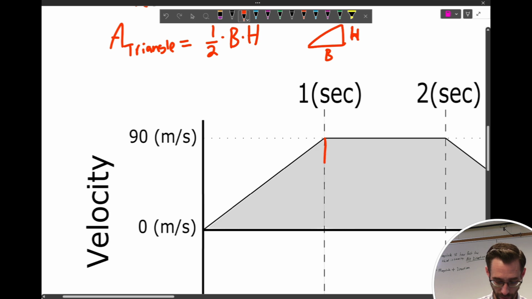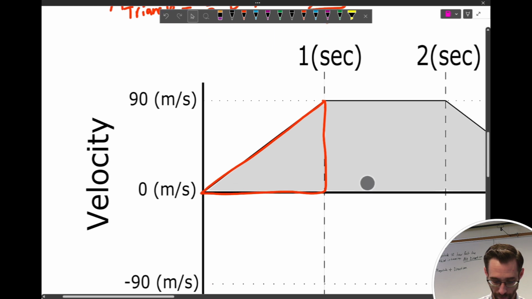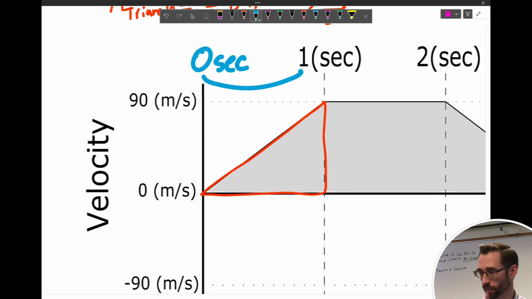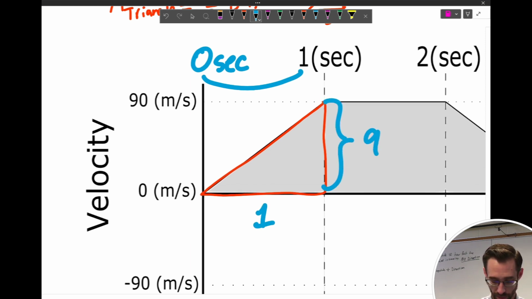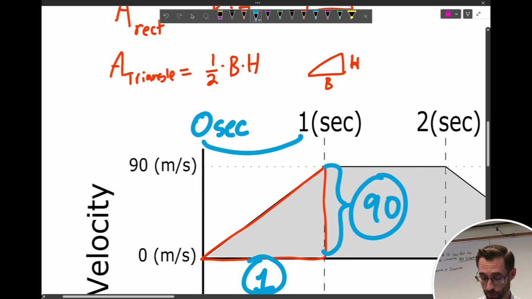I have a triangle. I have a base of what? 0 seconds to 1 second. How far is that? Just 1. So I've got a base of 1. What is my height? 90. So a triangle is 1/2 times the base, which is 1, times the height, which is 90.